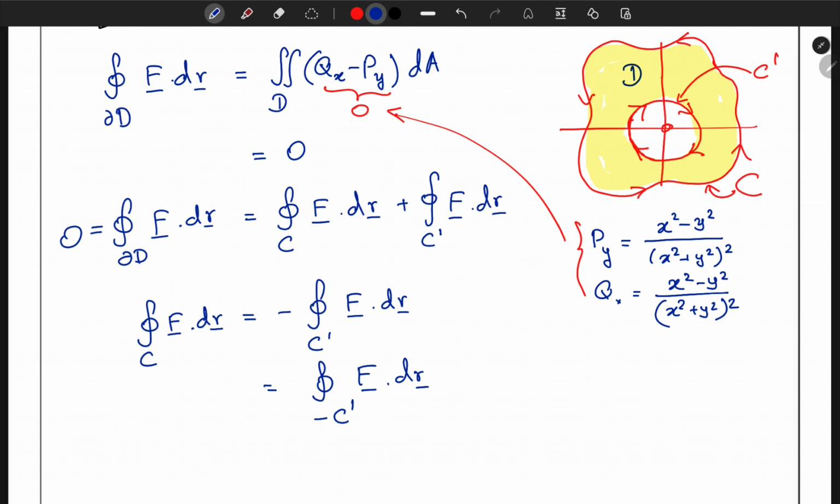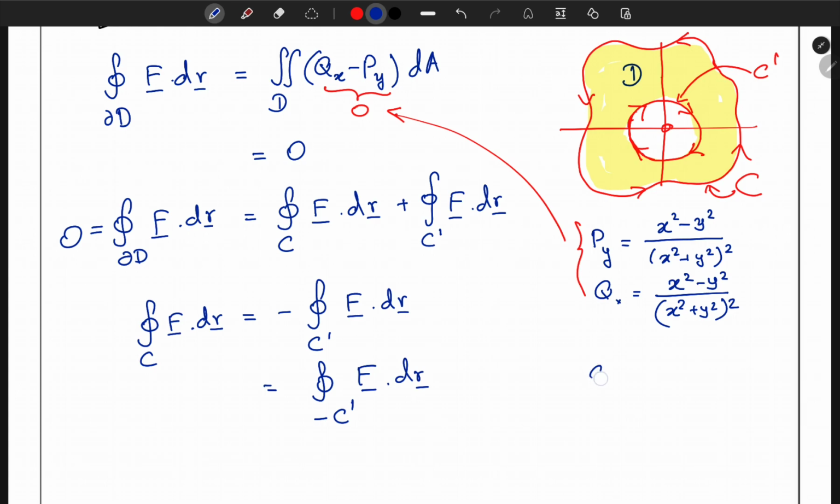Okay, so what happened is we were asked to evaluate the integral along C. Now we change it to the integral along negative C prime. It seems nothing much, but actually C is an arbitrary curve. C prime is the unit circle, which is nice and easy to evaluate.